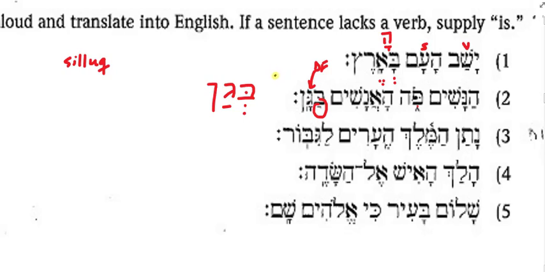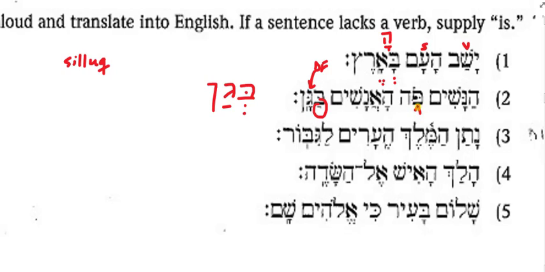Remember the metheg and the silluq look the same. Is the metheg an accent mark? Nope, because it's always next to a vowel that is before the stressed syllable. Silluq is an accent mark. It's marking the stress. So where's the stress on this word? It's on the end because the silluq is there. Bagan. Bagan.